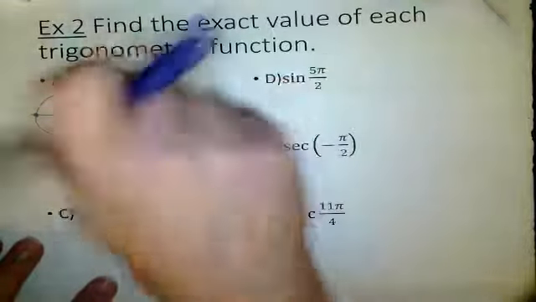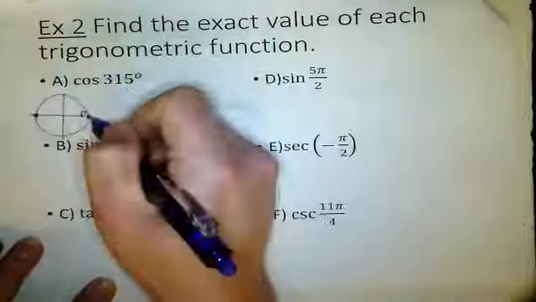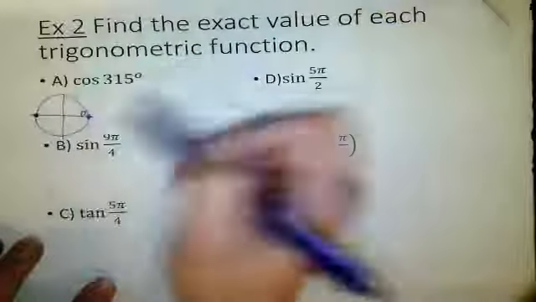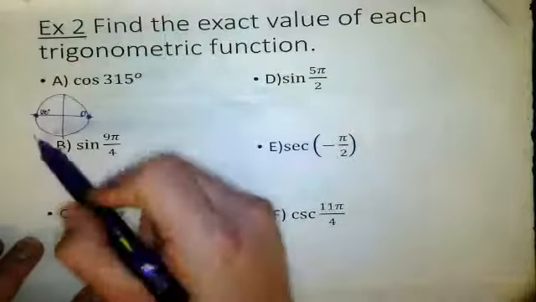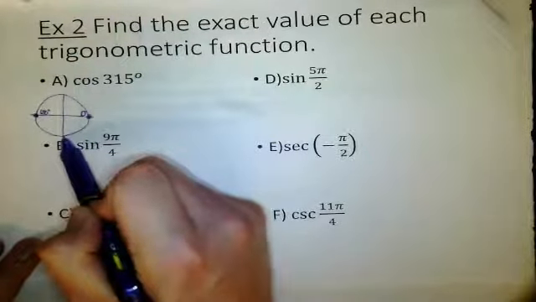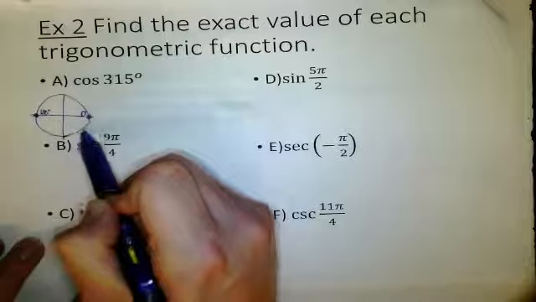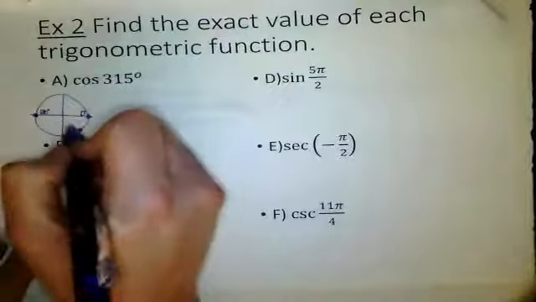Oh, that's not pi. That's supposed to be 0. Sorry about that. So 0 radians, where's 180? Pi, so this is 180 degrees. Right here is 270, and then 45 more degrees would bring us to 315 degrees.